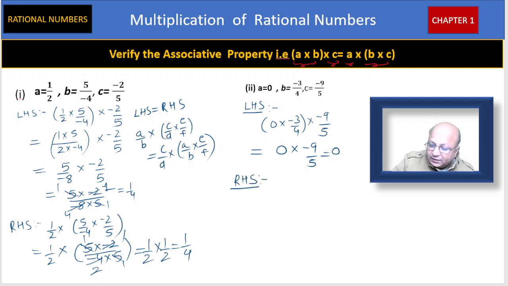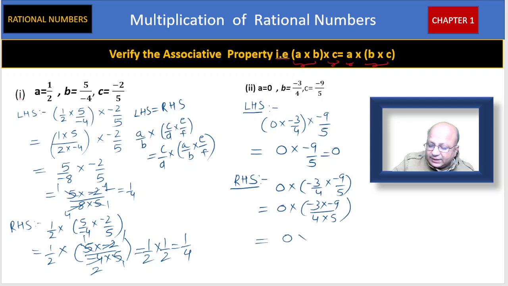तो यहाँ पे 0 multiply by bracket minus 3 upon 4 into minus 9 upon 5. So 0 multiply by minus 3 multiply by minus 9 is the numerator and 4 into 5 is the denominator.